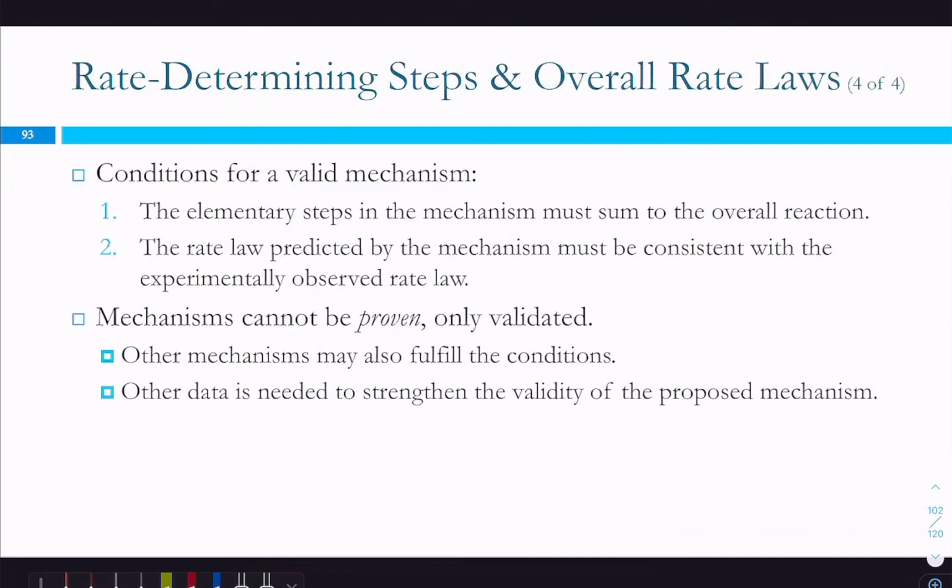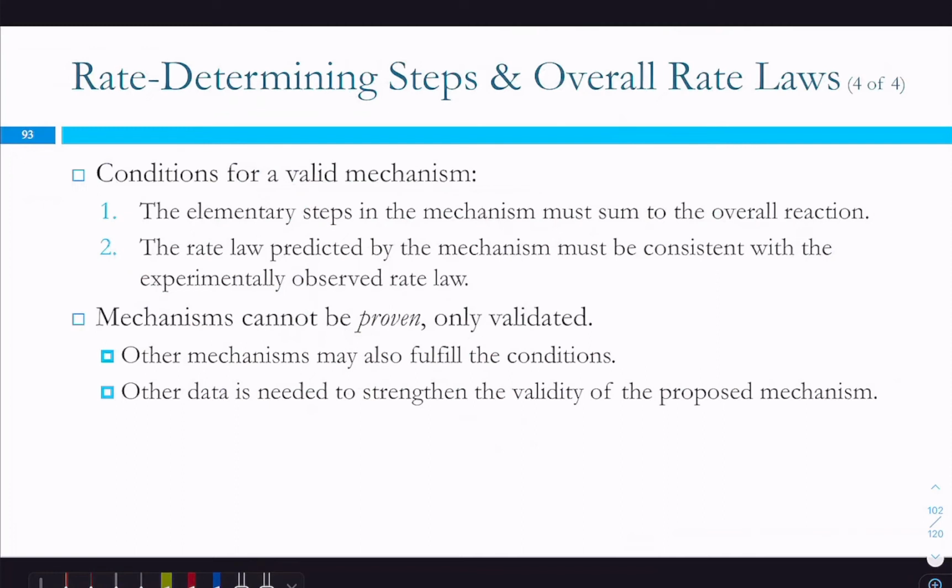And mechanisms cannot be proven, only validated, because we can't actually watch the atoms or molecules react to see if they follow the steps that we think they do. If an intermediate exists long enough, you can prove the existence of an intermediate.